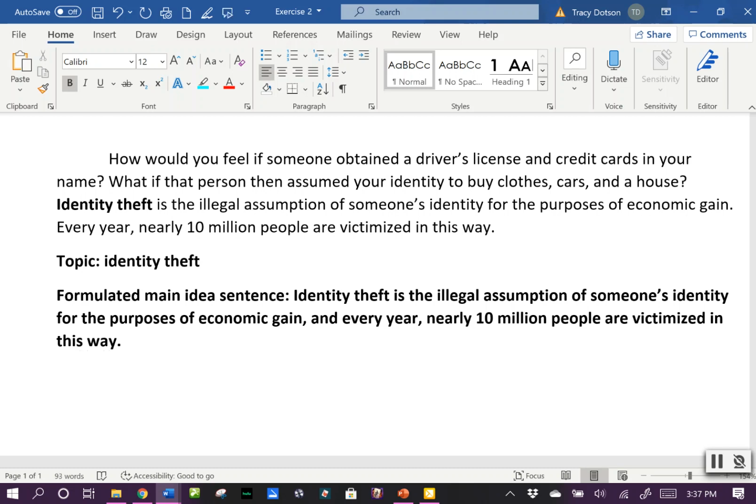That's one way to combine both of those sentences into one, by including our conjunction word right there. You're taking out the period, you'll put in a comma, and then our conjunction word, and then lowercase the e on every.